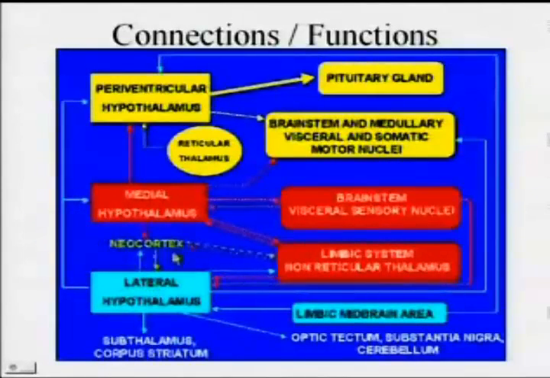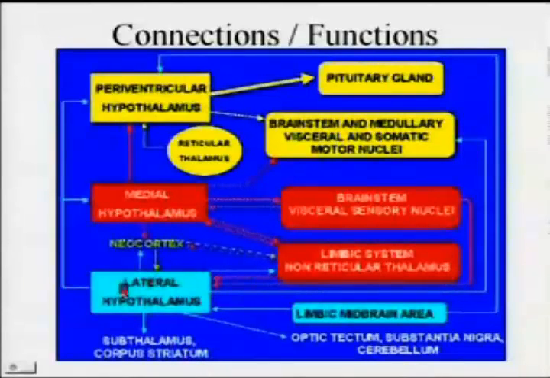Also information coming in from the neocortex to the lateral hypothalamus and from the lateral, so reciprocal connectivity. The medial hypothalamus also has projections to the neocortex. Somatic sensory cortex is an example. And also the lateral hypothalamus to the motor nuclei, subcortical motor nuclei, the subthalamus, and the corpus striatum.